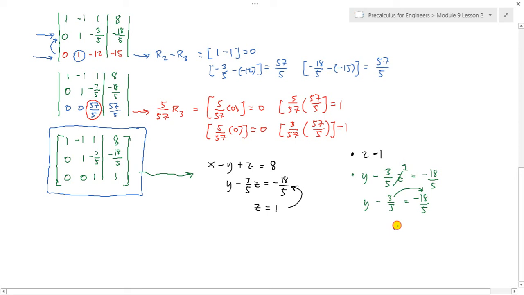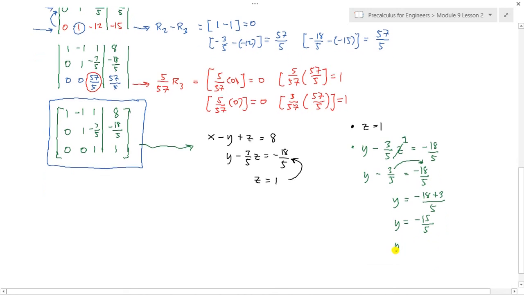Transpose it on the other side, that is y is equal to -18 plus 3 divided by 5. Y is equal to -15 over 5, tama ba? Are you still following? Y is equal to -3.